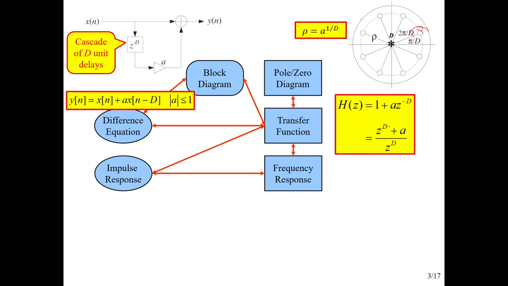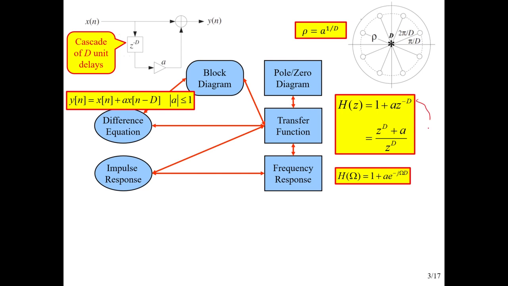And if we plug that into here for z, raise it to the dth power, it will give us a negative a, which will be a zero of that. So that's how we think through that. We'll go into that in a little bit more detail in some other examples in just a little bit.